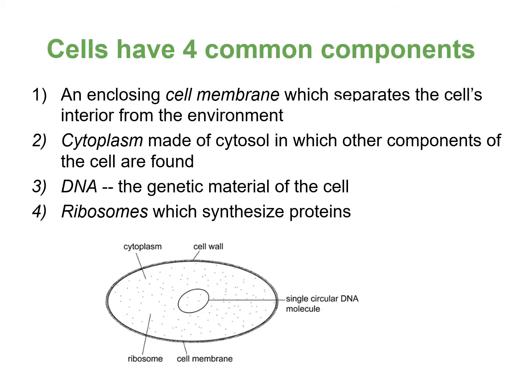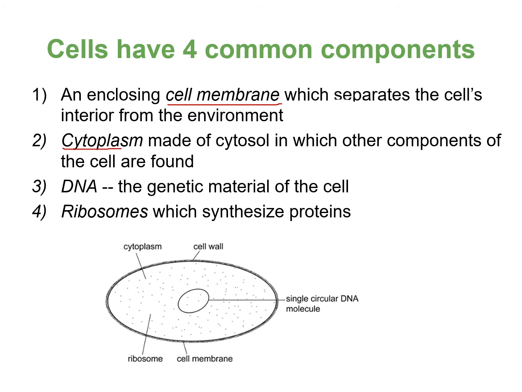It's also very important for you all to understand that all cells share four common components. The first being a cell membrane. Your textbook calls this a plasma membrane, and this membrane helps to separate the cell's interior from the exterior, helps to keep the cell's interior components from mixing with the exterior or the extracellular environment.